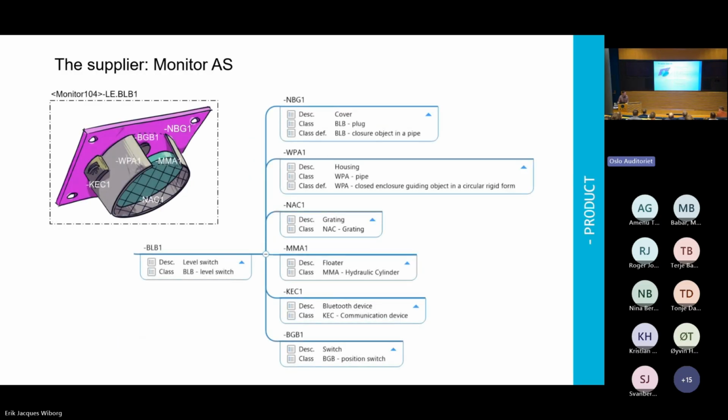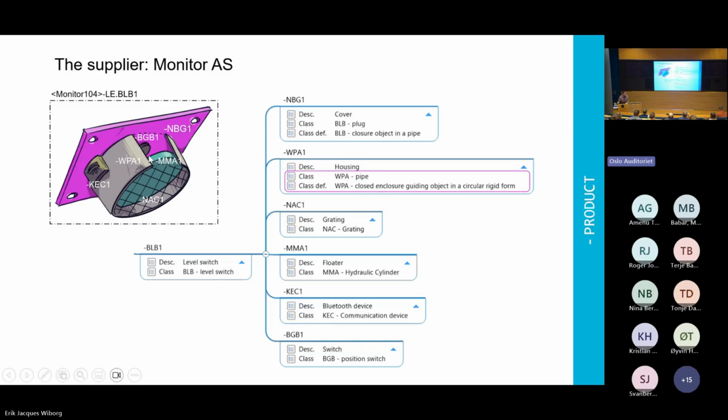Because within the level switch, we'll have a lot of sub-components that may or may not be useful, but the equipment supplier certainly wants to have all this information organized, right? So you'll need a cover, you'll need the housing, you'll need the grating, you'll need the floating device, and you'll need the button, and you'll need the USB communication device.